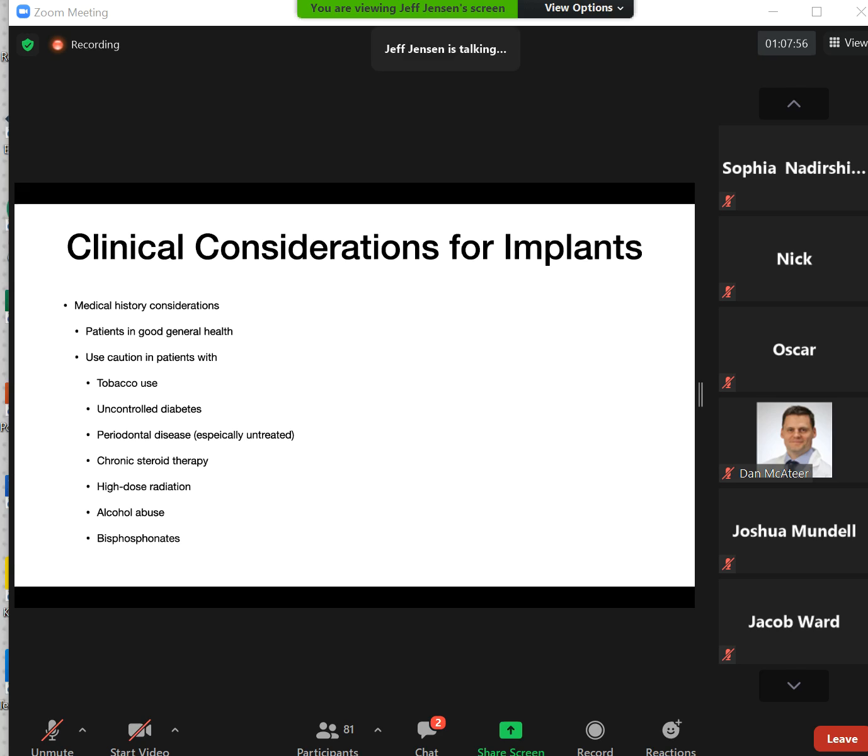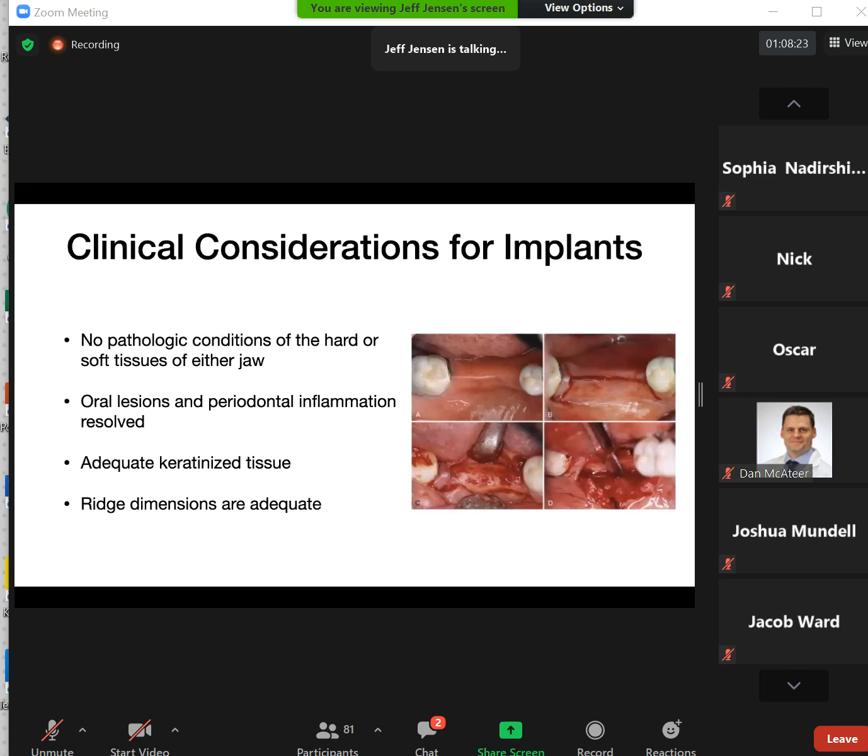Did I have a conversation with them before I put the implant in that they're at a higher risk for failure? Yes. So they have to be really aware of what they're doing. And I have them sign that consent form and make sure that they understand what the risks are. And obviously kind of talk about quitting, but that's a hard thing for a lot of people to do. So just a list there of some things to really be aware of when you're doing implants.